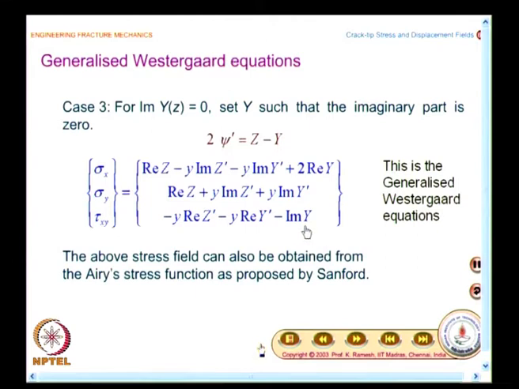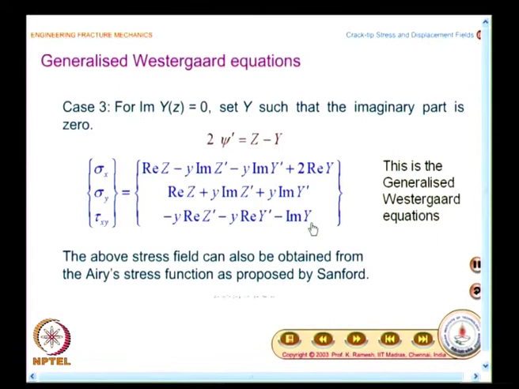Now, we have gone through a circuitous route. We looked at the Kolosov-Muskhelishvili formulation. We provided a justification. In the most general case, an Airy stress function is represented in terms of 2 analytic functions. From that argument, the Airy stress function for the Westergaard problem also should have 2 stress functions.